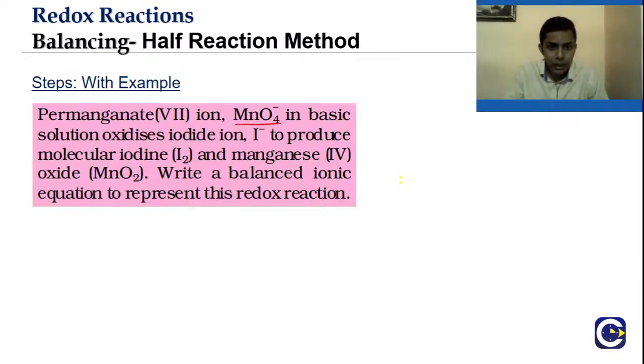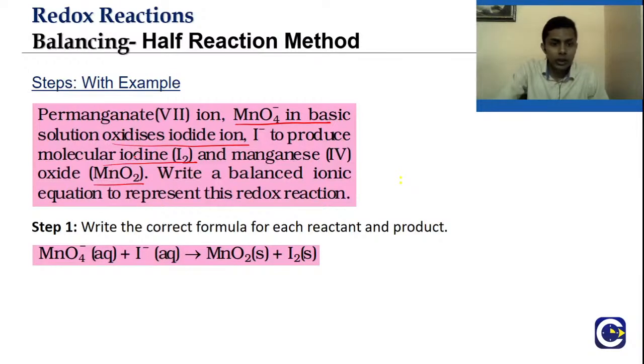MnO4 minus in basic solution oxidizes iodide ion to produce molecular iodine and manganese oxide. Write a balanced ionic equation to represent this redox reaction.